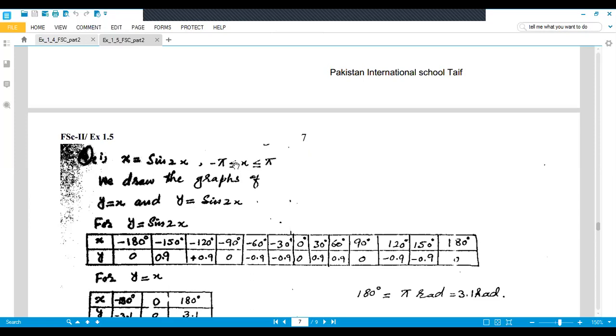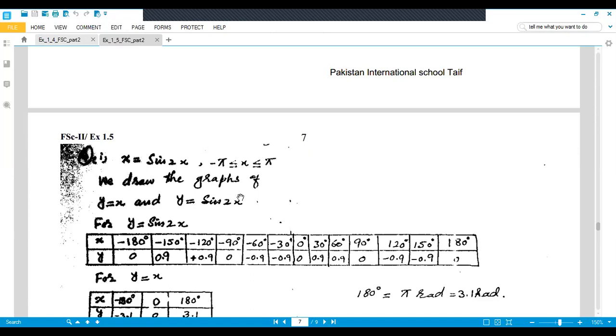For sine, the function's interval is given, and similarly for cos and the other trigonometric functions. So x is equal to sine 2x, and the interval is from minus 180 to positive 180.